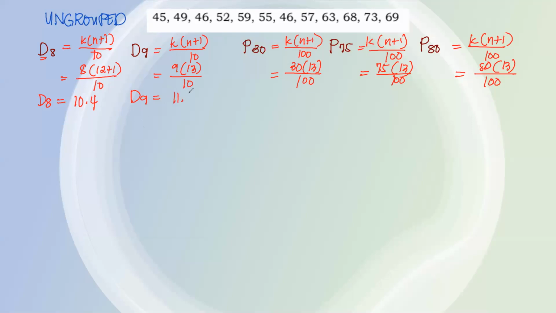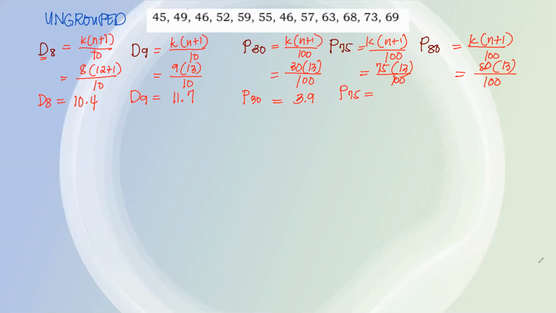Sunod. P sub 30. 30 times 13 divided by 100. 3.9. Correct. 3.9. Location pa lang to ha. Nilolocate pa lang natin. How about P sub 75?